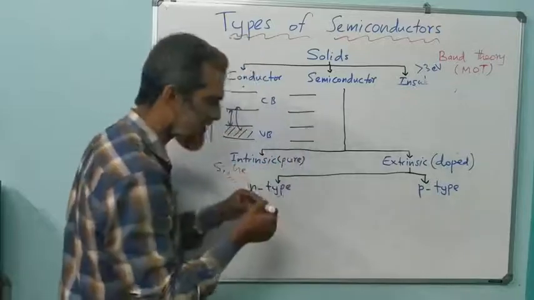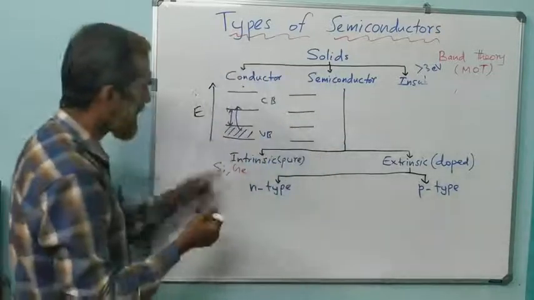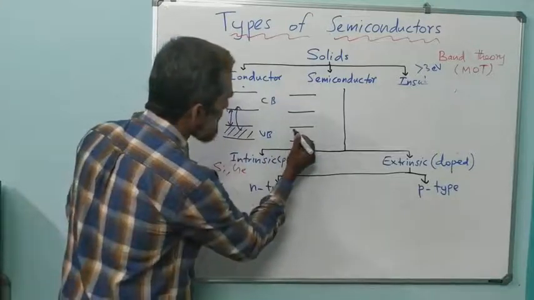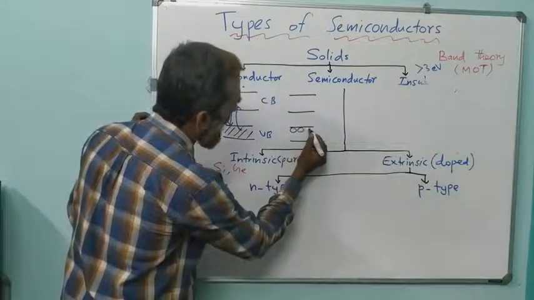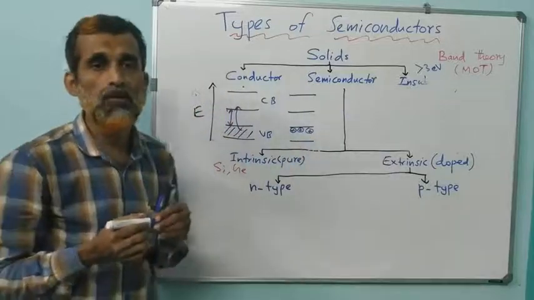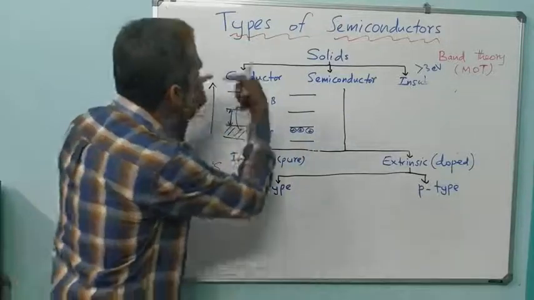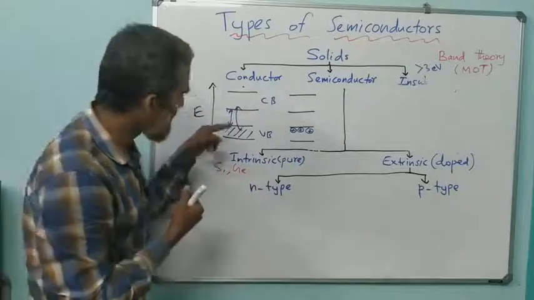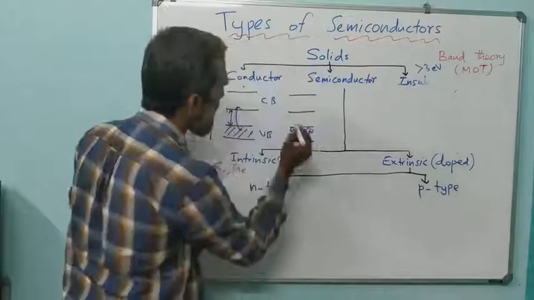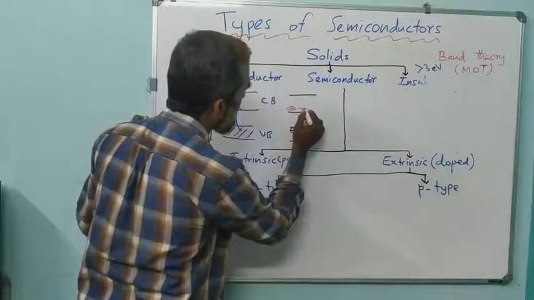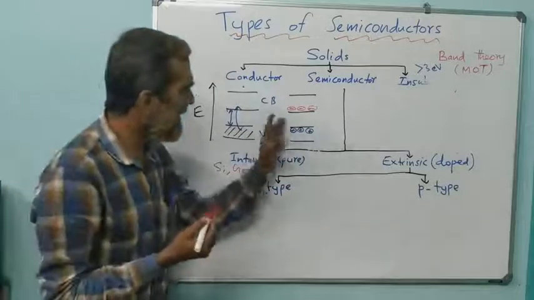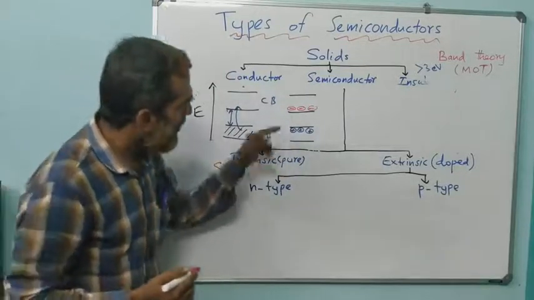When some electrons have gone up into the conduction band, crossing this small energy gap, certain vacancies appear. We can mark them with a plus. Plus means holes, electron deficiency, because the electron has moved up.